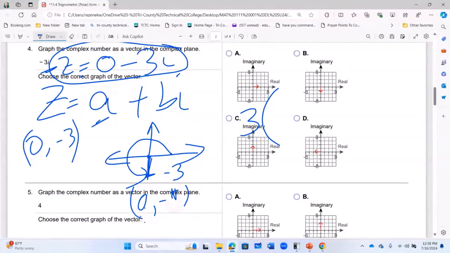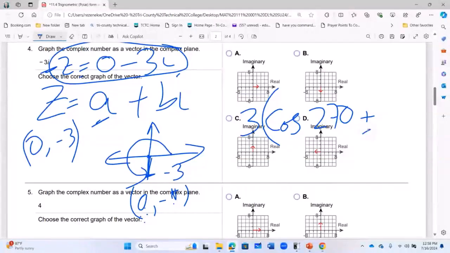Okay, so cosine of 270 degrees, and then here notice that I have sine of 270 degrees also.